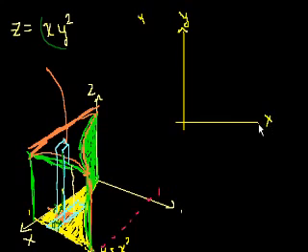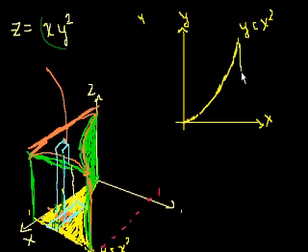Our upper bound, you can say, is the graph y is equal to x squared. Or you could view it as the bound x is equal to square root of y. That is x is equal to 1. That's y is equal to 1. And we care about the volume above this shaded region. That shaded region is this yellow region right here.